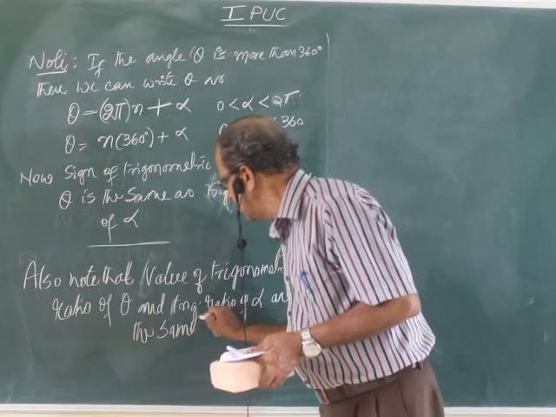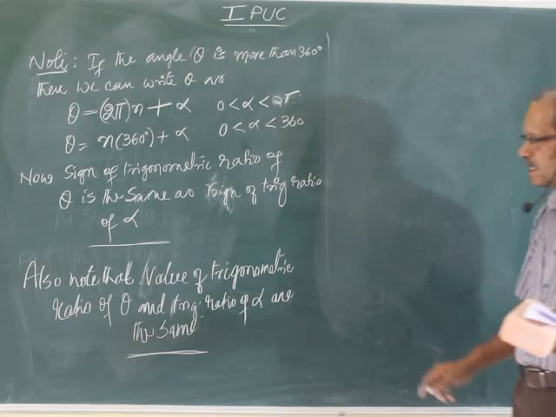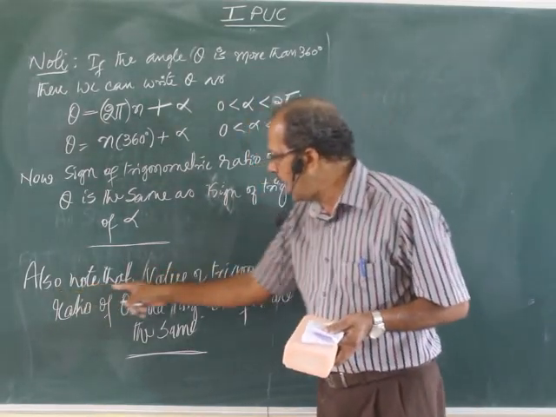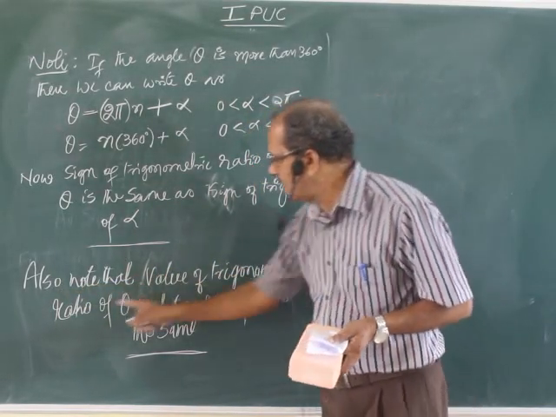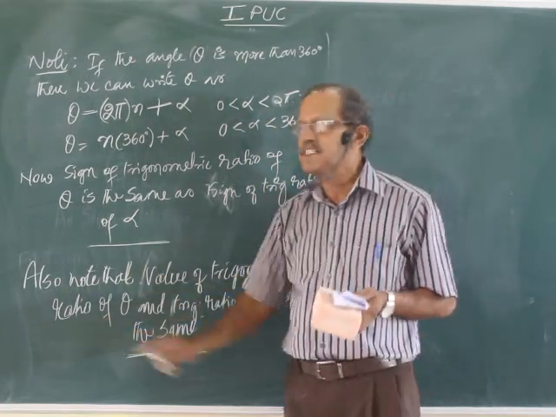Not only sine, even the values are also the same. What is the meaning of that? Have you got the idea about this?